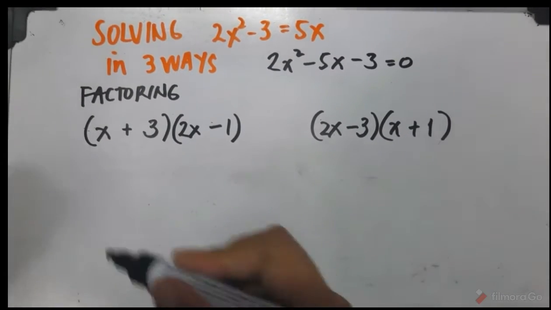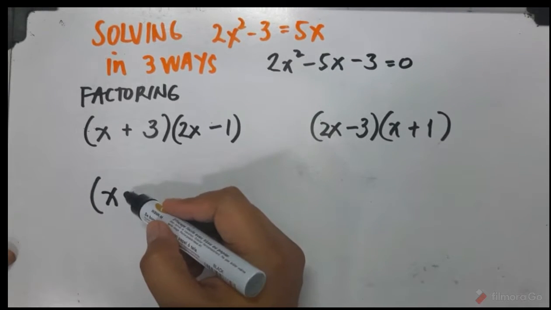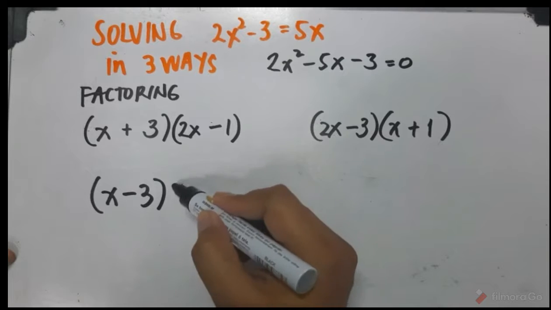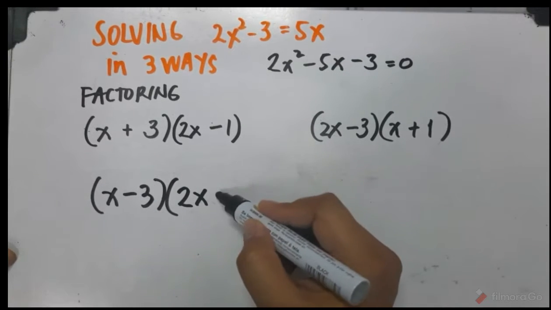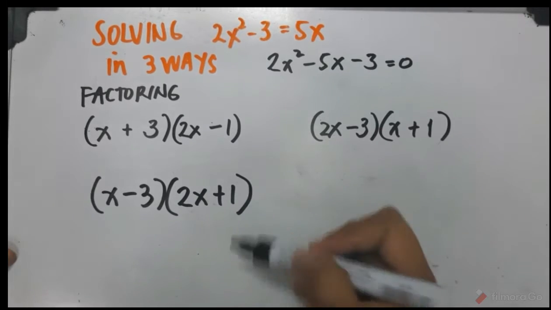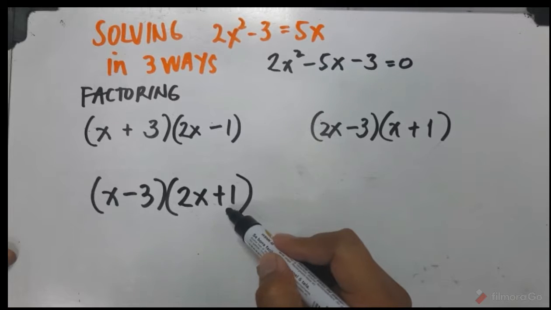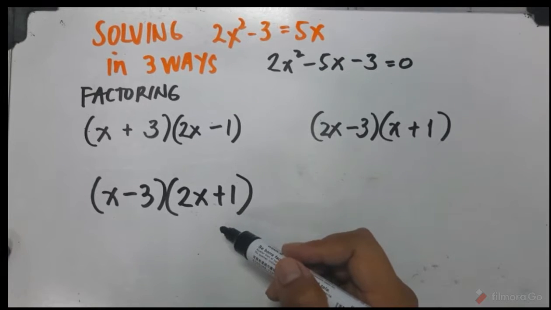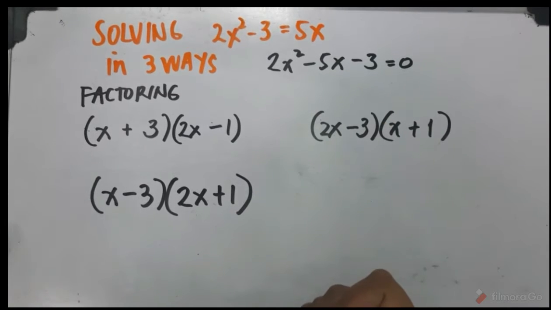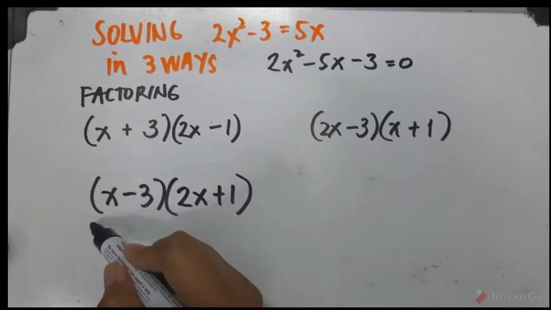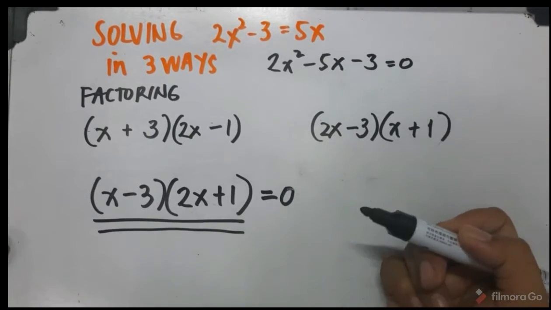Let's have another. How about x minus 3? Let's just interchange the numbers. And 2x plus 1. Okay, so this will be negative 6x and positive x. So negative 6x plus x is equal to negative 5x. So that's it. So we can use these factors and then equal to 0.